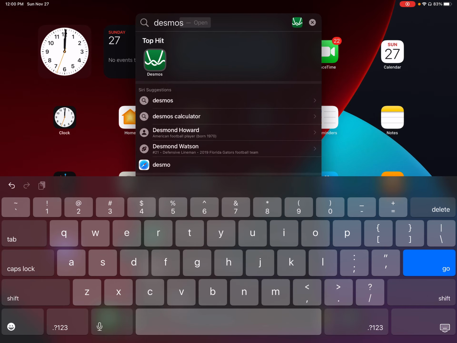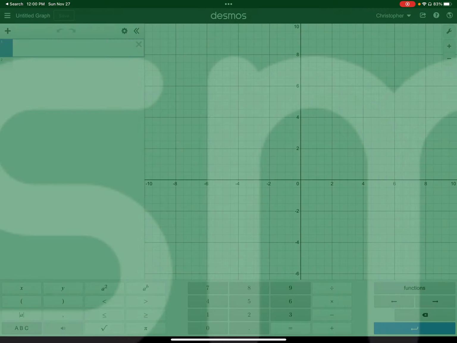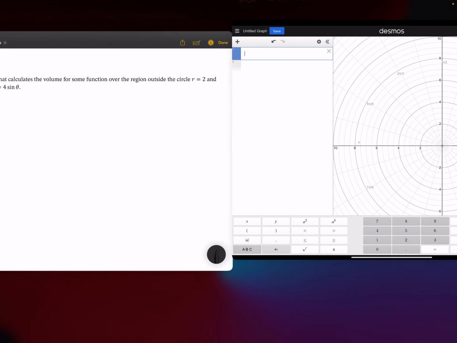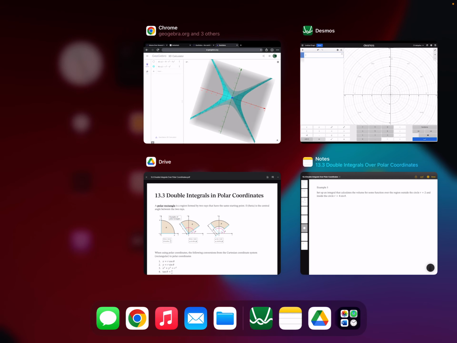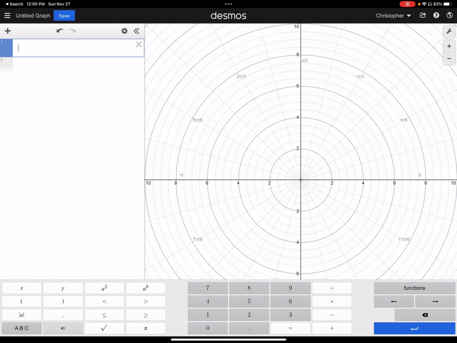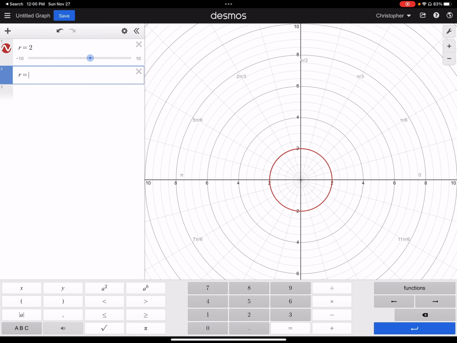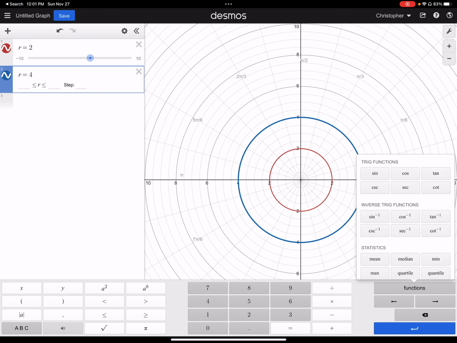In Desmos, we're going to put this in polar coordinates, and we are finding the region that is r equals 2 and r equals, I forgot, but I think it was 4 sine theta.